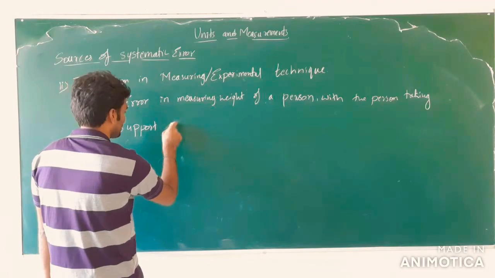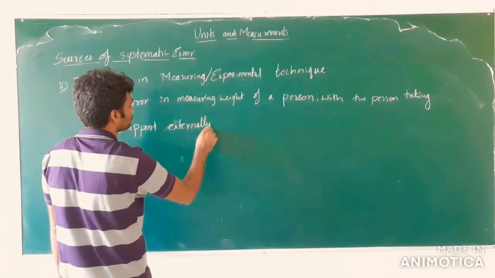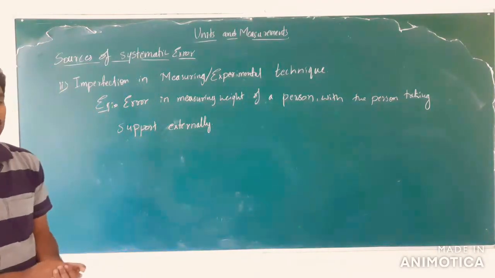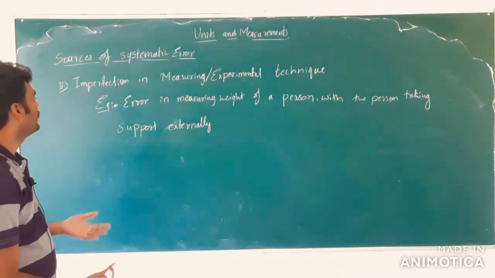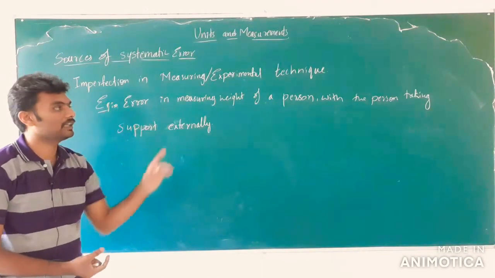Taking support externally will introduce this error, and that kind of error can be considered as error due to the imperfection in measuring or experimental technique.